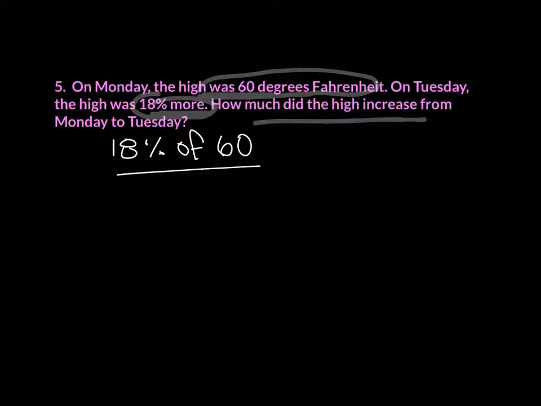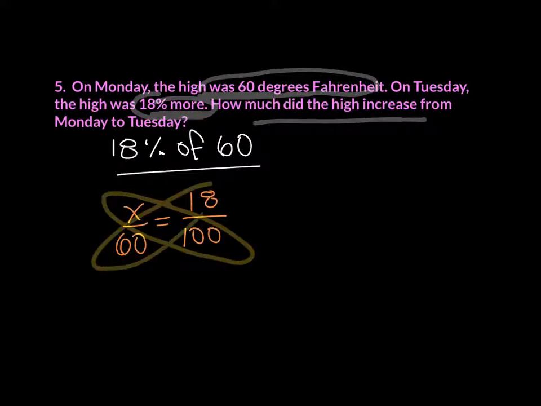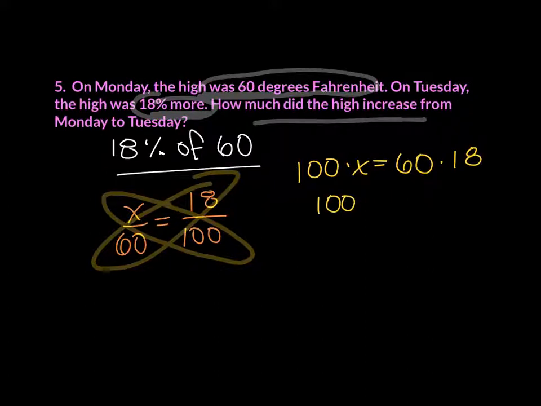So this problem looks just like the ones that we were just doing. So I'm just going to continue to set it up like that. It's out of 60, so the 60 is going to go here. My percent is always out of 100, and we know that it went up 18%. The thing that we don't know is what part of 60 the 18% is going to be. So I'm going to be cross-multiplying. That is going to mean I'm going to have 100 times x equal to 60 times 18. 100 times x is 100x.